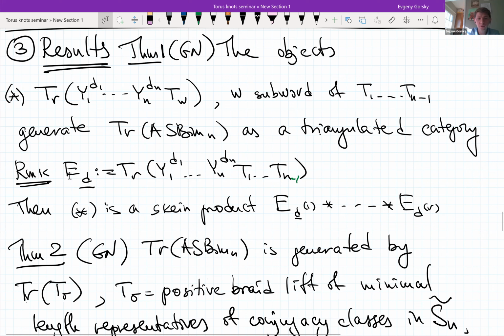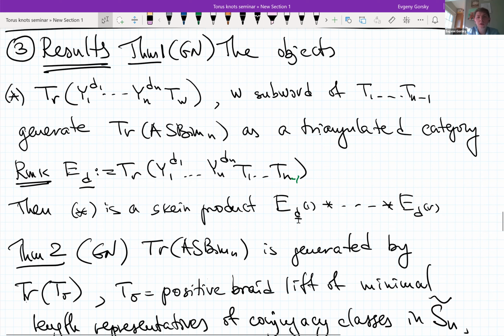And so we'll call this guy E_D, where D is this multi-index d1 through dn. And then what we have here is more or less a skein product of these E_D's, because when I erase letters, this corresponds to a skein product of these things.